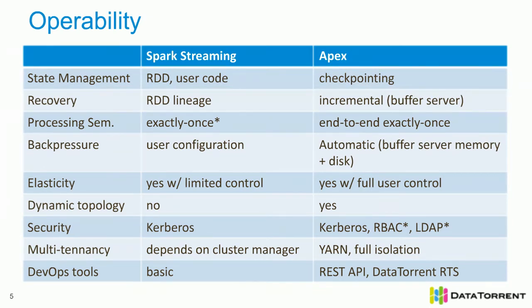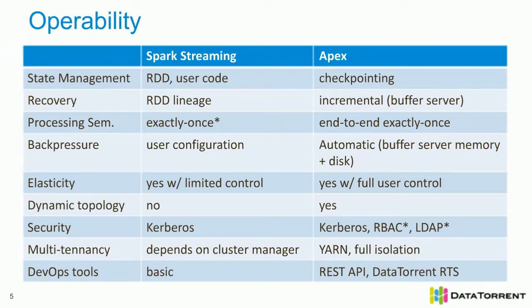So let's quickly take a question here. Does Apex have functionality similar to Spark MLlib and Spark SQL? Apex comes from the stream processing side, and our operator library provides functions and adapters to build such pipelines. We don't currently have support for SQL.